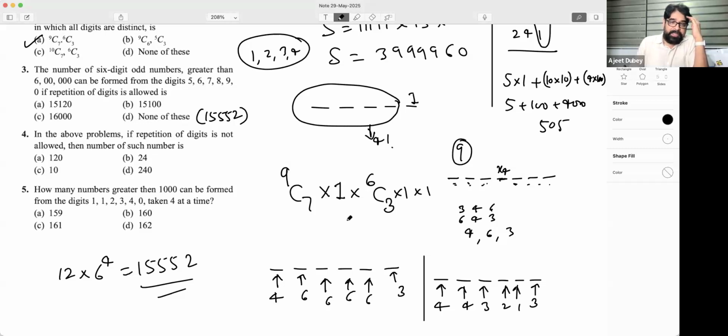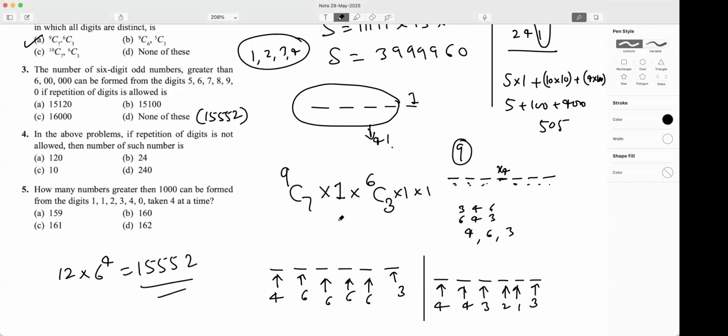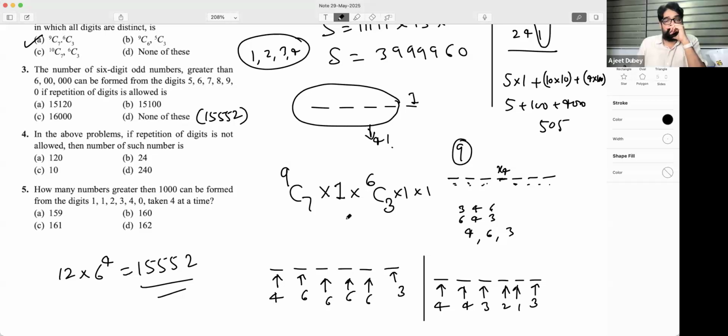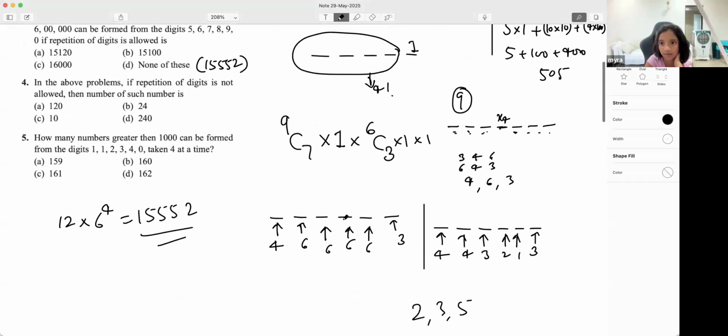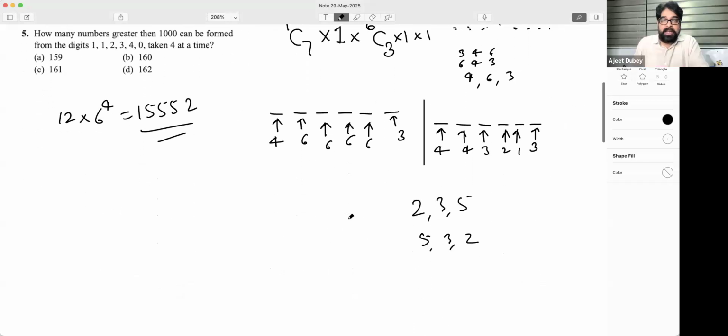If repetition is not allowed, the last place can be filled by 5, 7, or 9. If we put 7 or 9, we can't put the same number in the first place. So then we have to minus some possibilities. There is some extra possibility happening. Wait a moment.